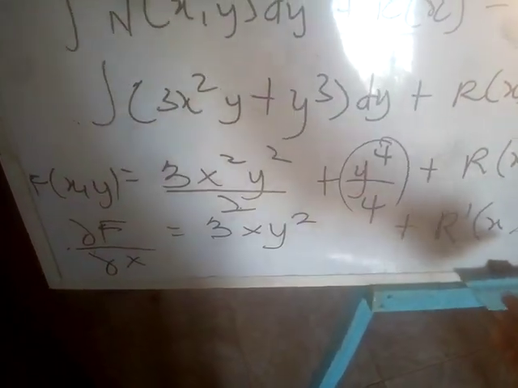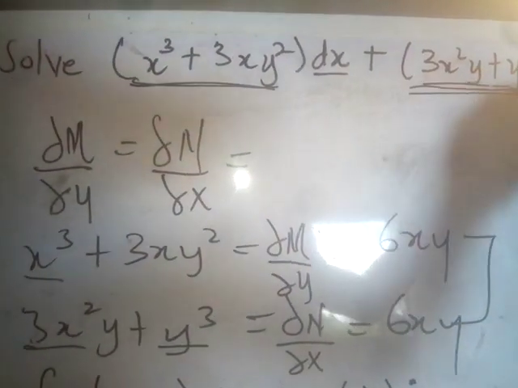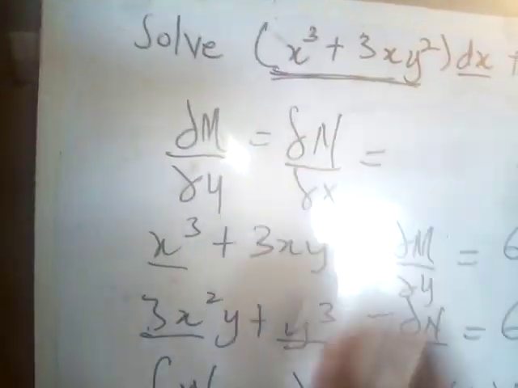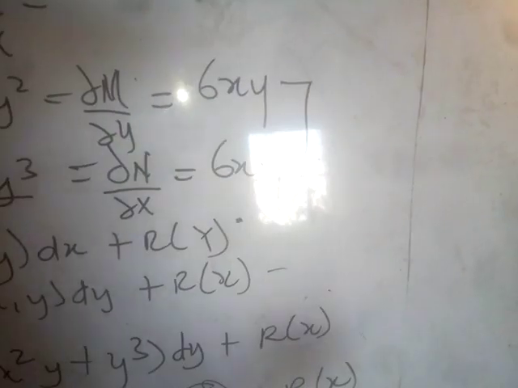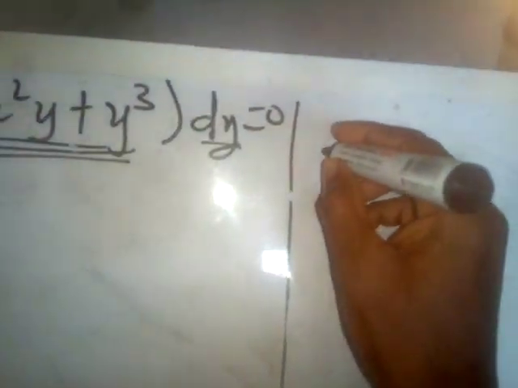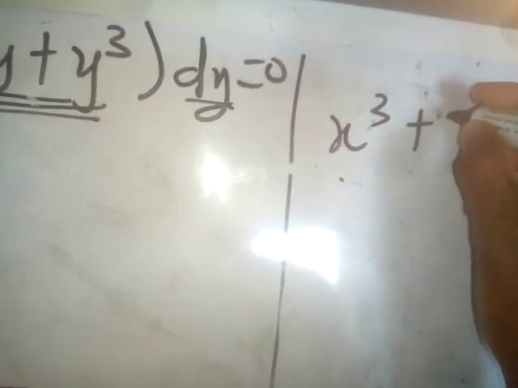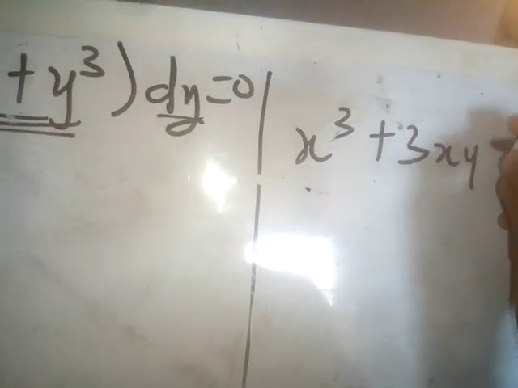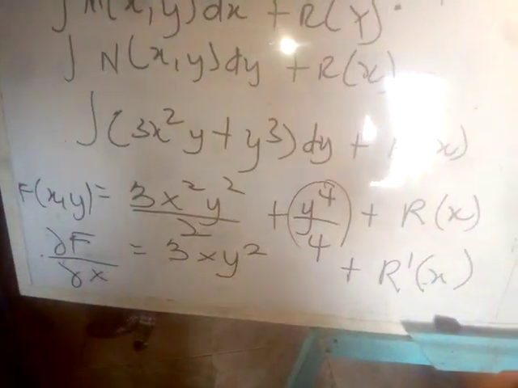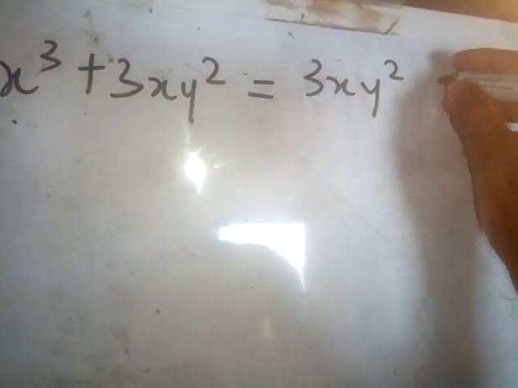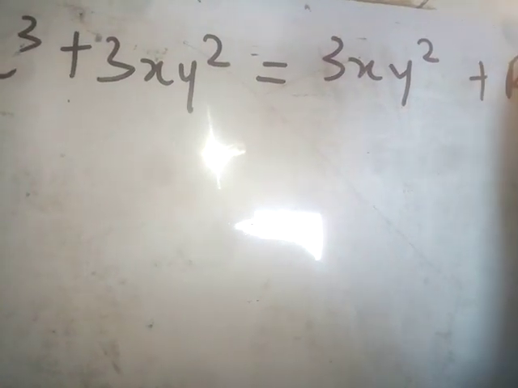Right. Now because we inserted the second part, we should equate to the first part. So the first part is stated as x cubed plus 3xy squared, and it should be equal to the differentiated part, which is 3xy squared plus r prime of x.